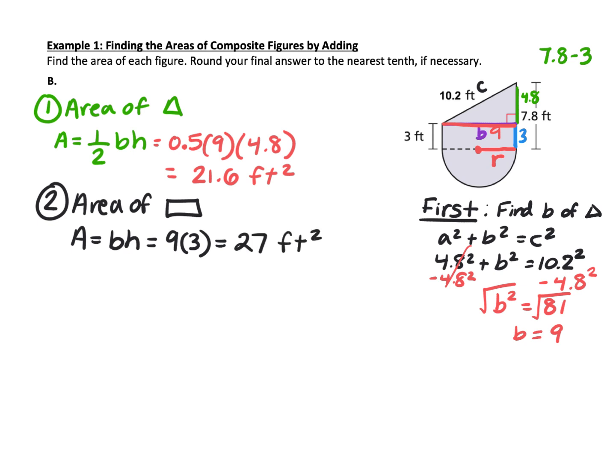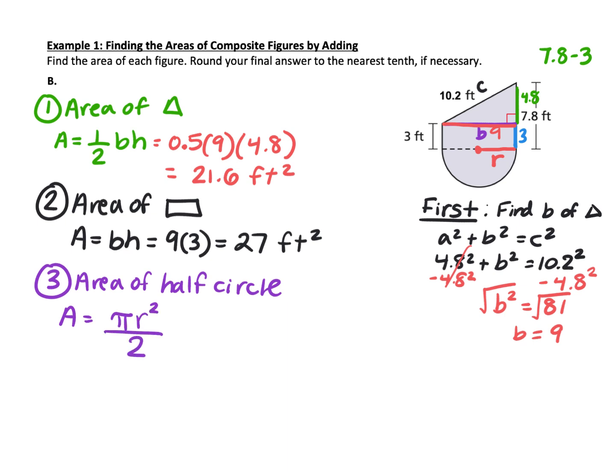Then for the final shape here, we need the area of the half circle. The area of a full circle is area equals pi r squared. For a half circle, we just need to divide that area by 2.